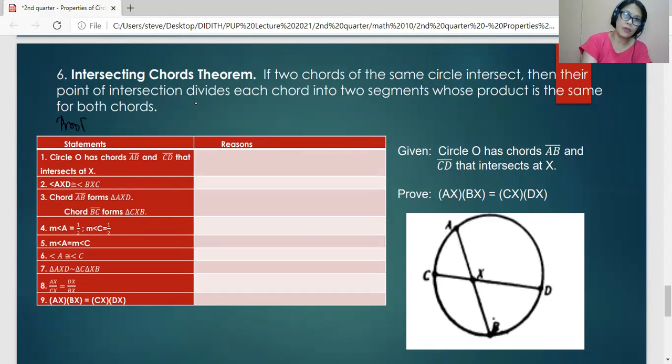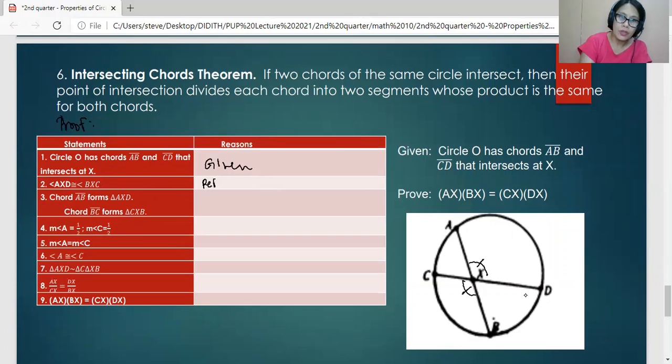Okay, so the reason for the first statement is given. Now, angle AXD is congruent to angle BXC. Okay, so this is AXD, and this is congruent to BXC because the two are vertical angles.